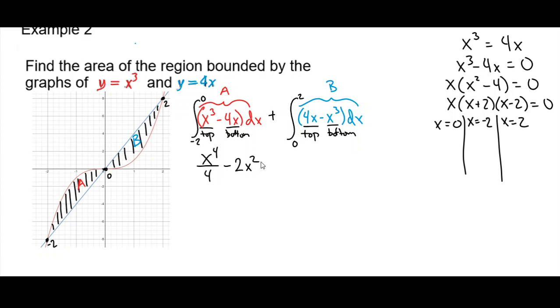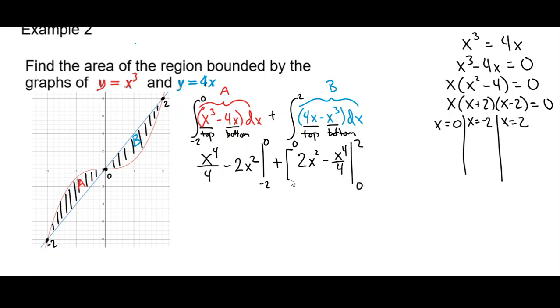We can double check that by taking the derivative. Power rule, yes, it comes back to 4x. This is going to be evaluated from -2 to 0, plus this integral over here, which is pretty much the same thing. It's going to be now 2x squared minus x to the 4th over 4, but this one is evaluated from 0 to 2.